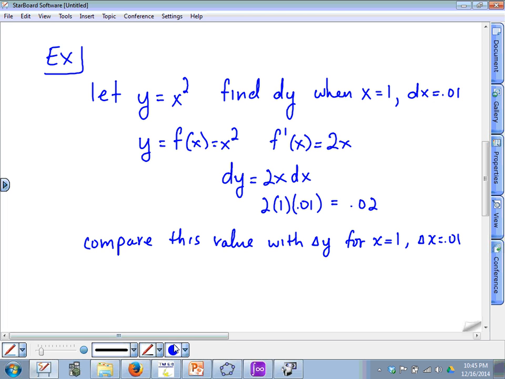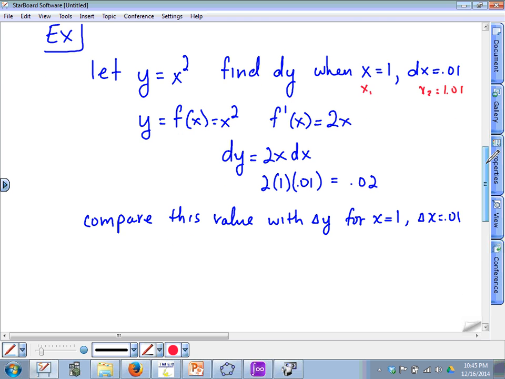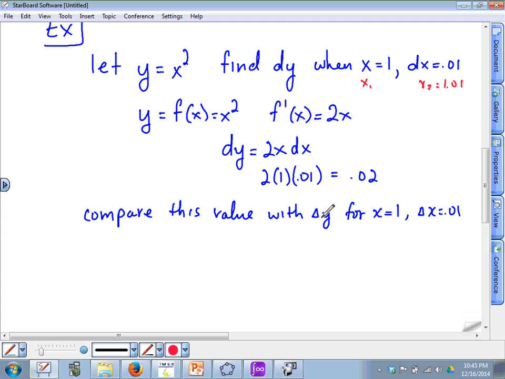So our new x value, if we want to call this like x1, then x2 will be 1.01 because we're changing x by 0.01. So what we do now to find delta y is we take the difference of the function values at our two different x values.